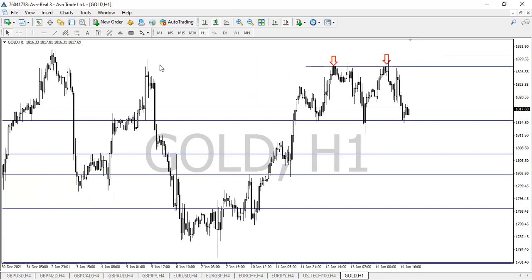The question is, how do you enter? So you're going to wait for the market. Because it's sideways, let's say we're trading uptrend. On uptrend, we only look for buy opportunities, and on downtrend, we only look for sell opportunities.